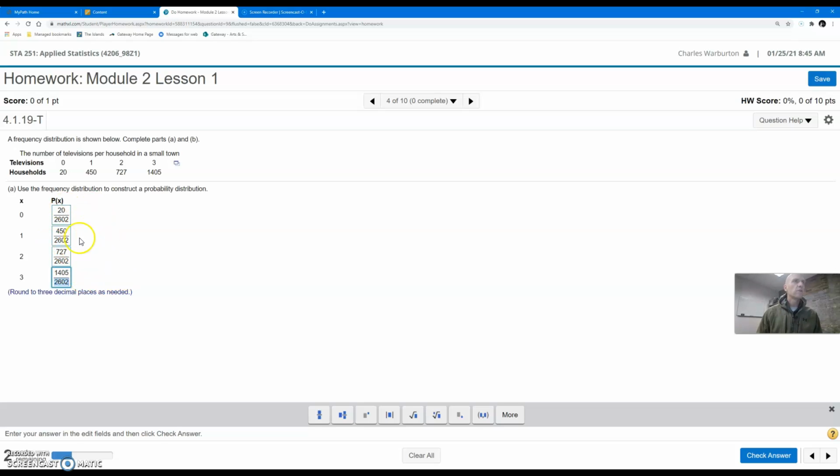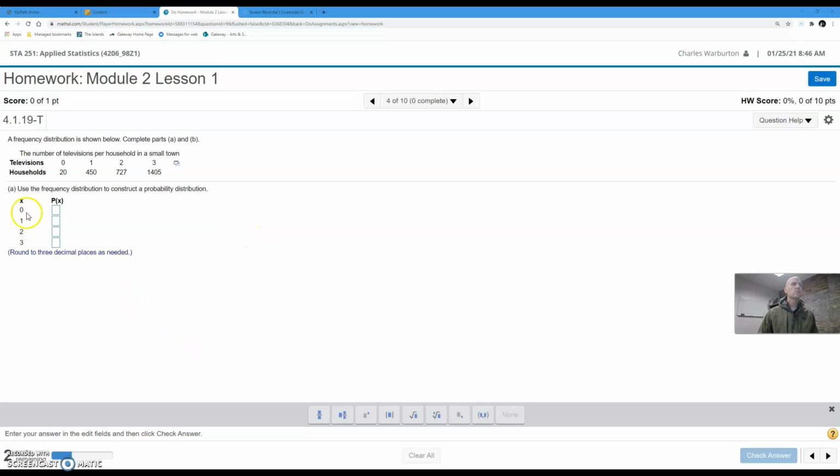There's my probability distribution, okay? And I want to get that as a decimal. Actually, let me go ahead and do that. I'm going to pause the video and go ahead and get those probabilities as decimals for you.